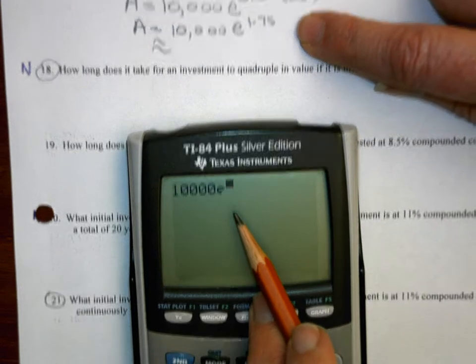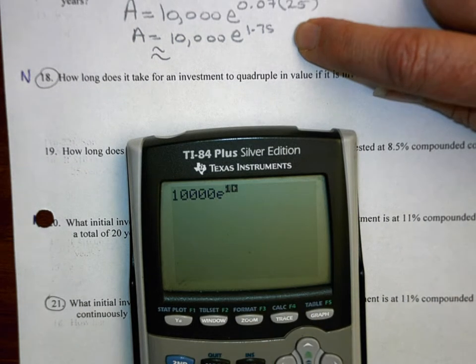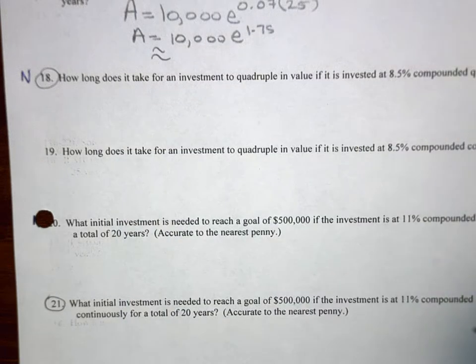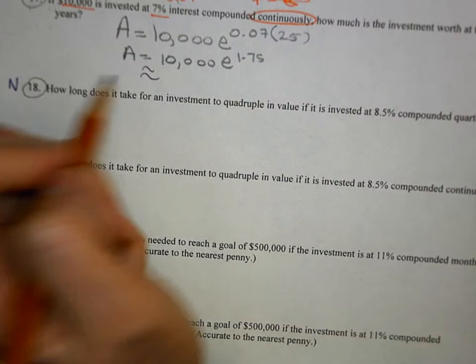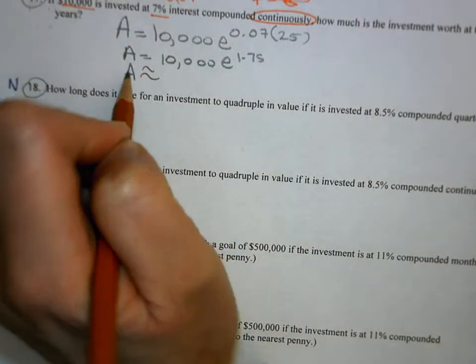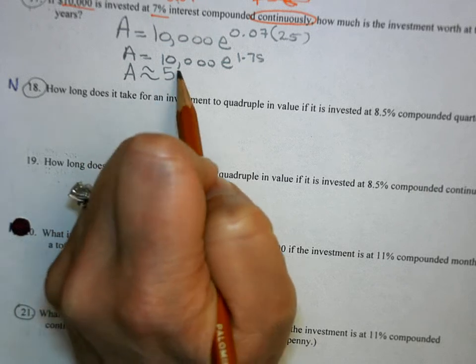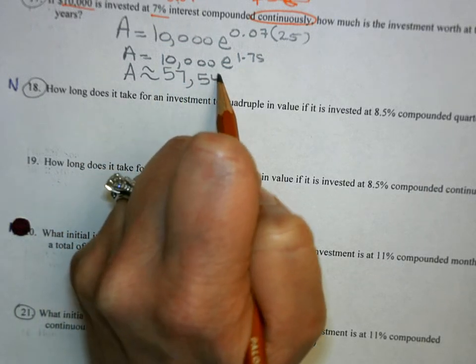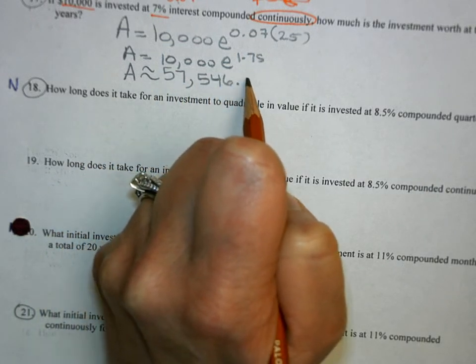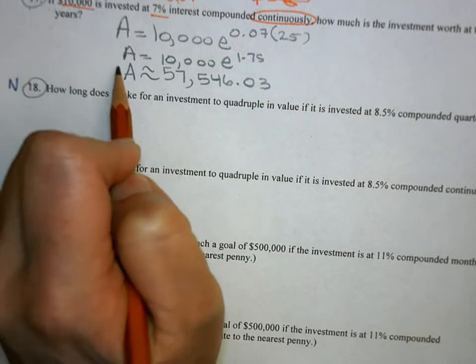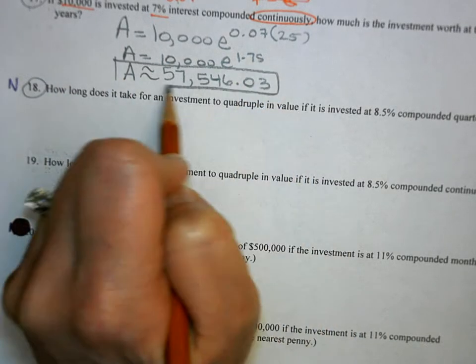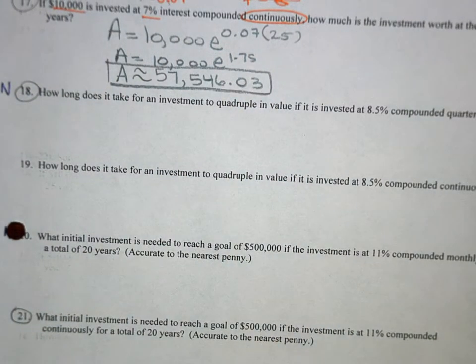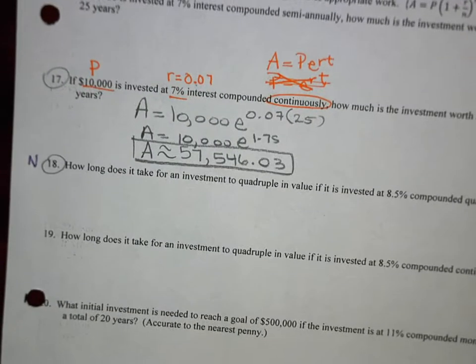And then to the power of 1.75, and then hit enter, and that would be my answer. We're working with money here, so I'm going to round to the nearest hundredth. So that would be $57,546.03. Okay. And we are going to call that good for this one.